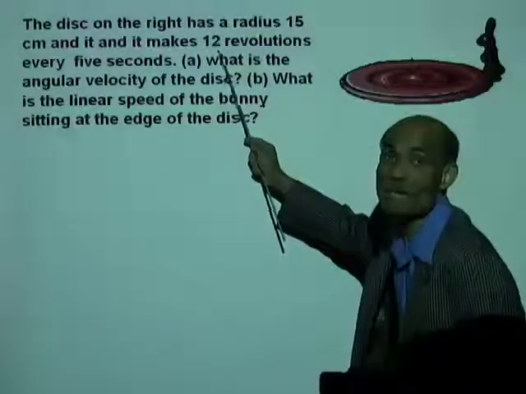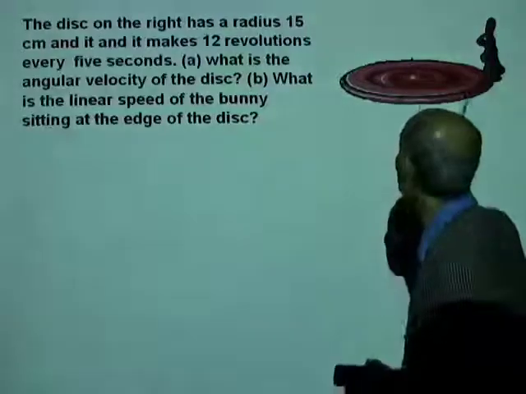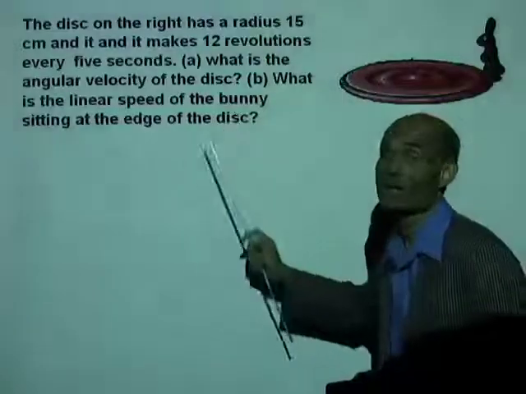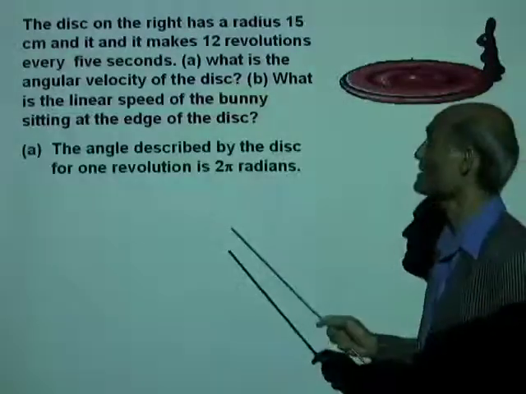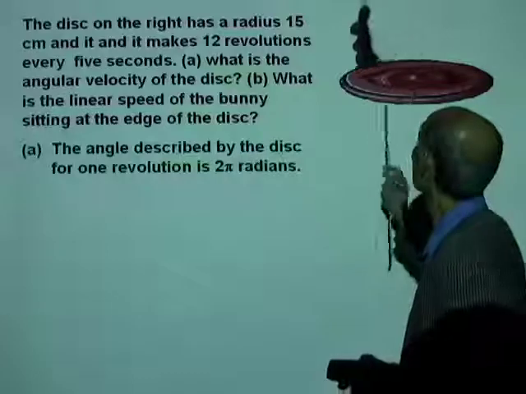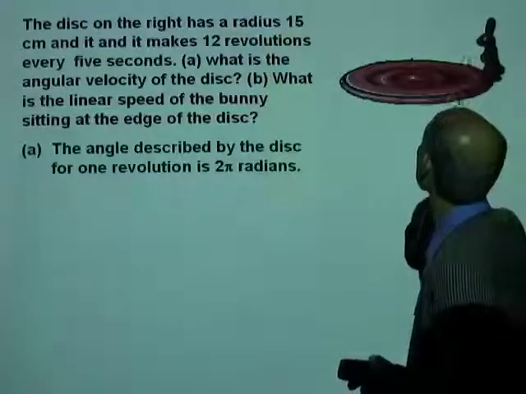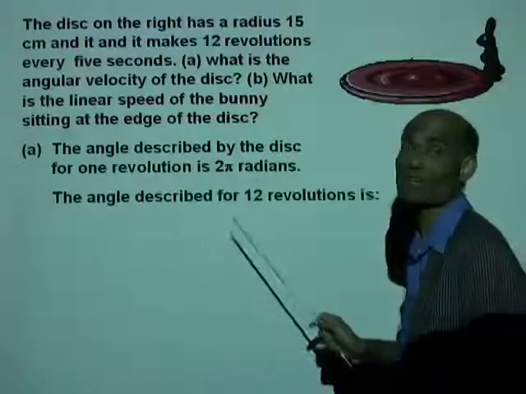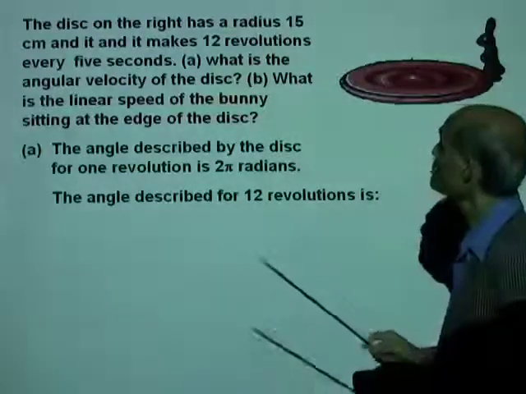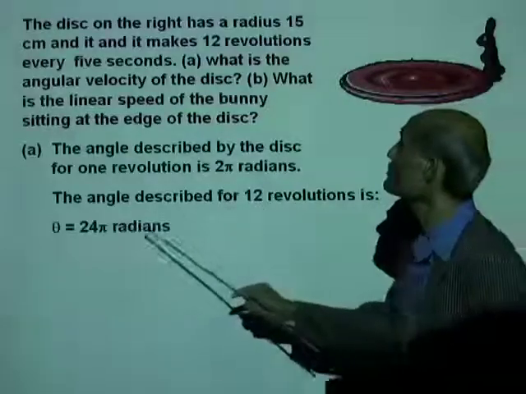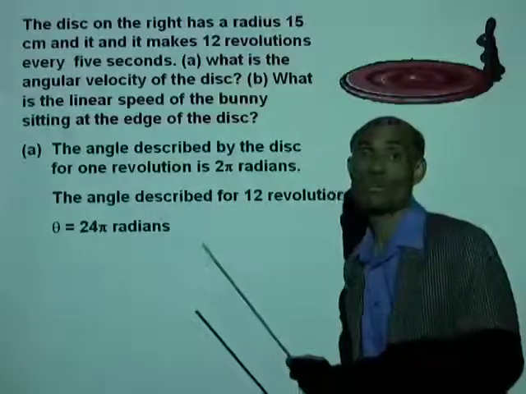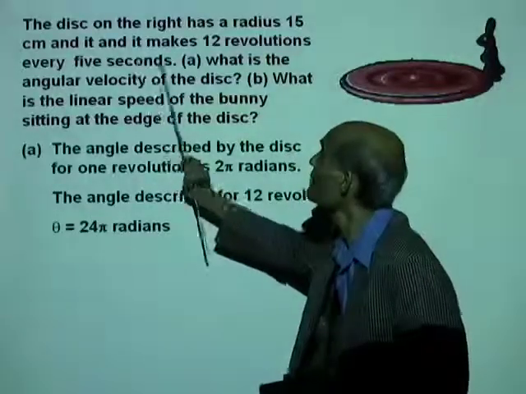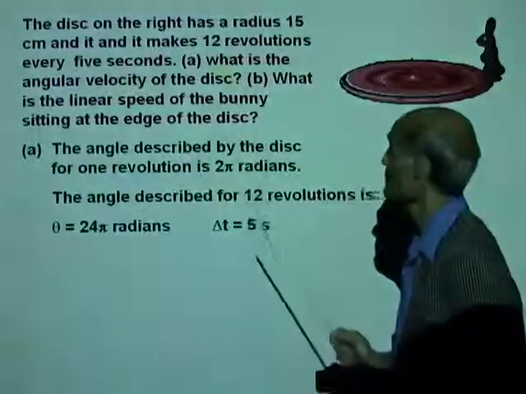Therefore, when the disc makes 12 revolutions, the angular displacement is 12 times 2 pi, that is 24 pi radians. And to describe this angle, the time taken is 5 seconds.